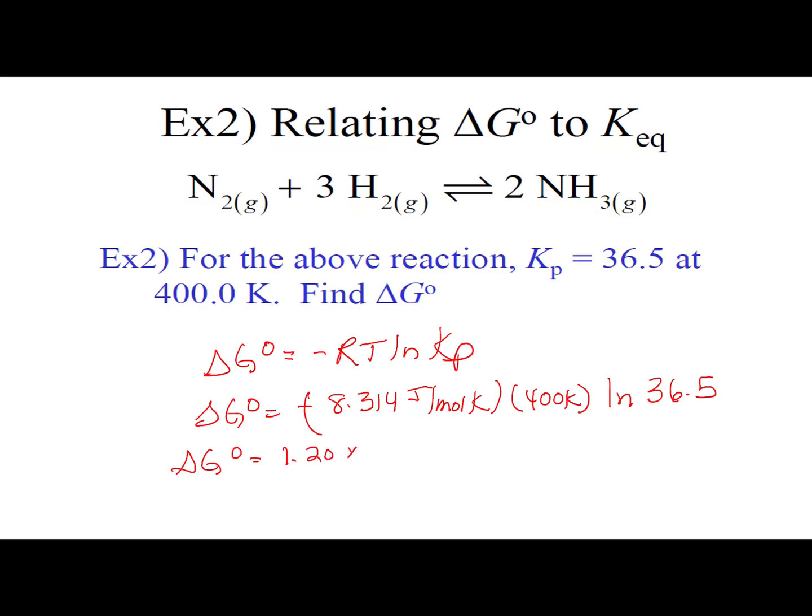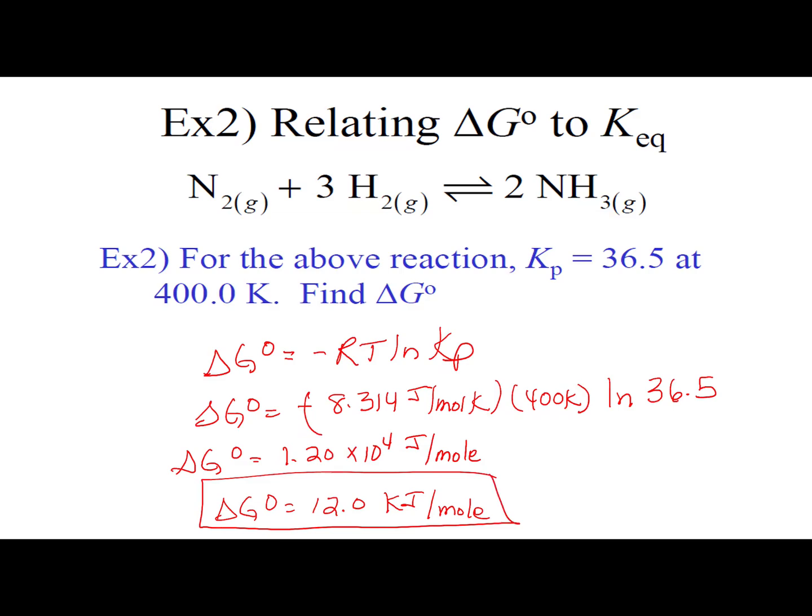Put this in your calculator. Make sure that you can get negative 1.20 times 10 to the 4th joules per mole, which you can do as kilojoules. So you can say that delta G is equal to negative 12.0 kilojoules per mole.